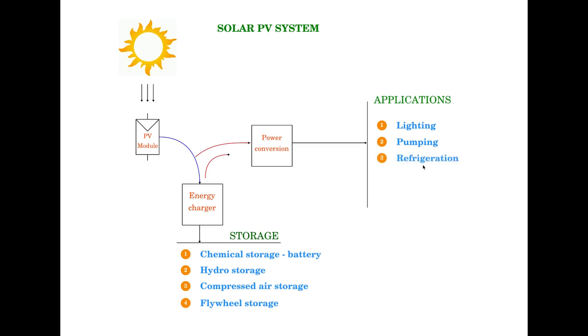You could have refrigeration, the regular compressor based refrigeration, which is an AC load. You could also have DC refrigeration by means of using Peltier junctions, which are very compatible to the PV type of source. You can have grid connection.